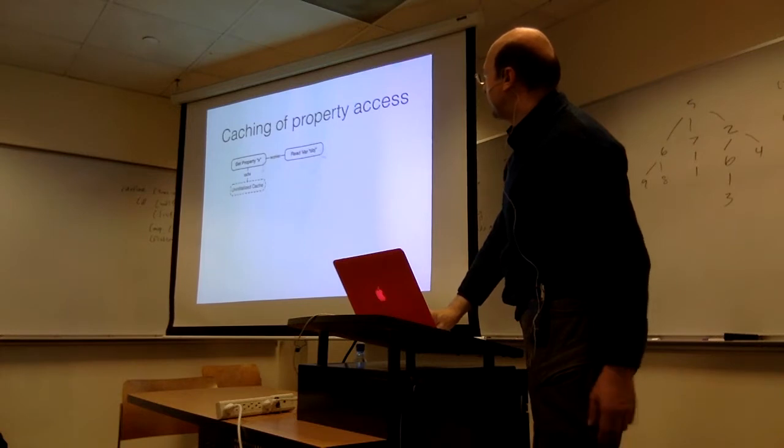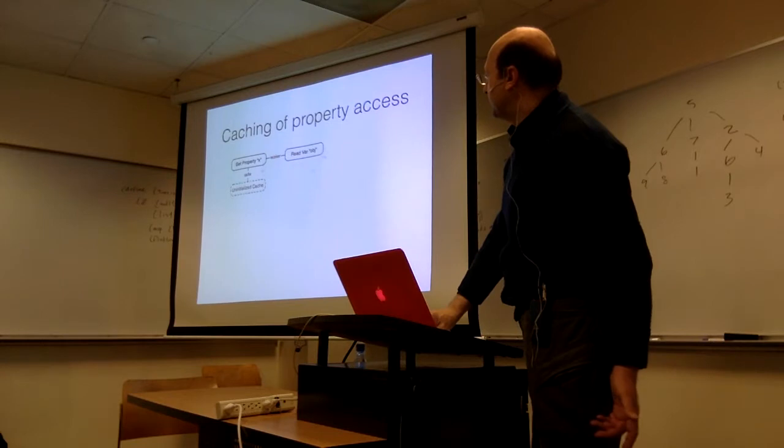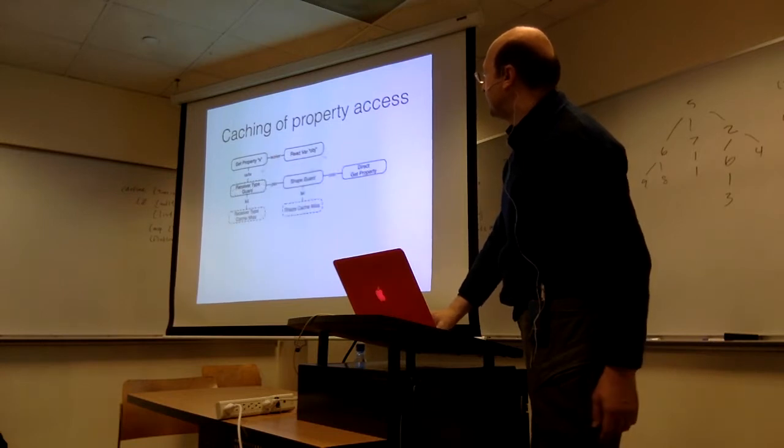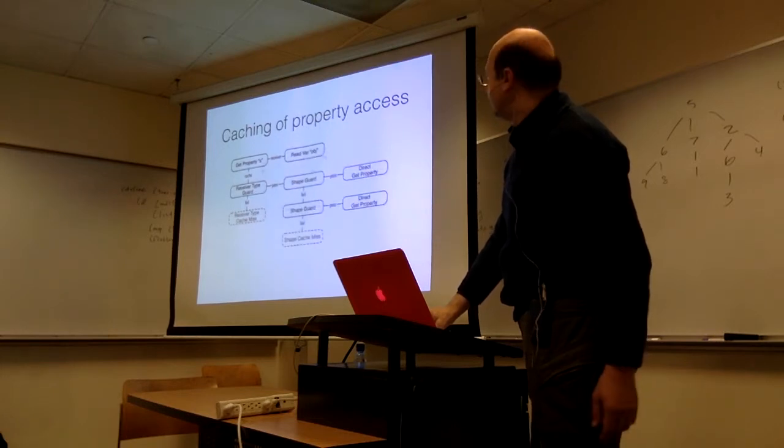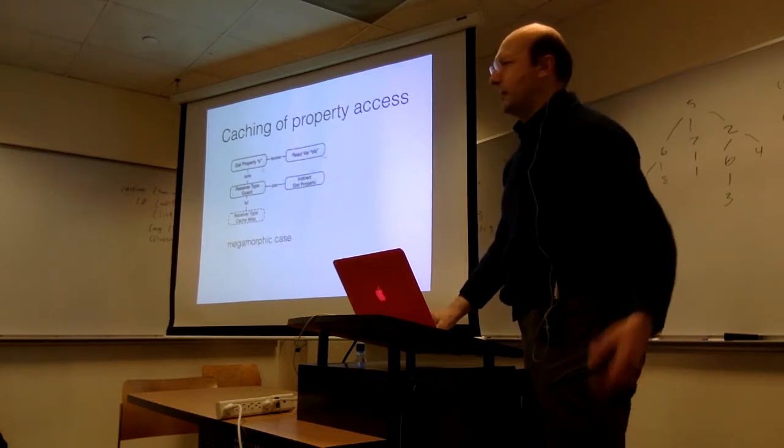So for example, for property accesses, when you write the code, it will initially use an uninitialized cache, and as you add more types in, these guards will get added, and associated direct gets of the properties. And if you go megamorphic, then it'll fall back to an indirect lookup.